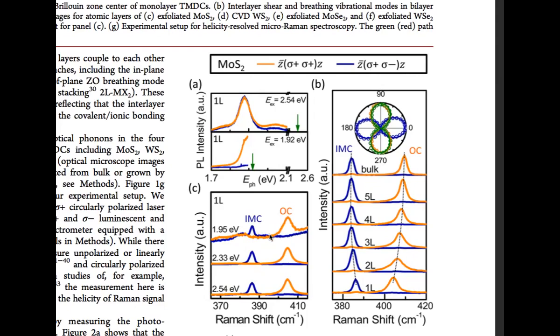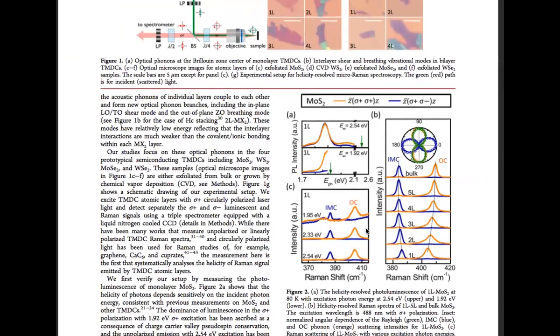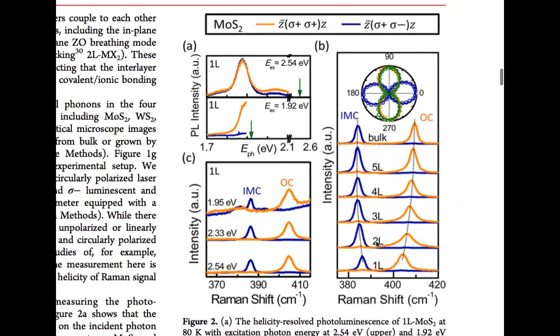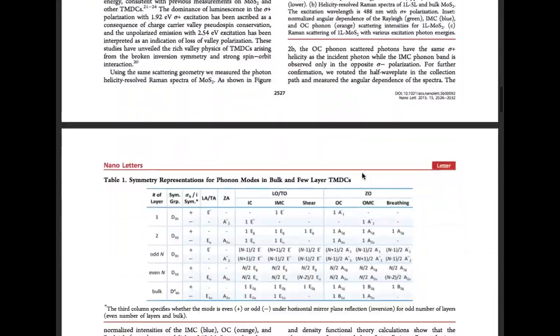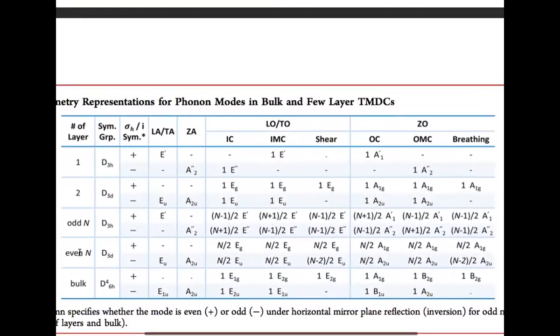They follow different helicity. And if you go to higher layer numbers, you have monolayer, bilayer, trilayer, all the way, and they also follow the same rules. You can derive this from the selection rule. This table shows that for odd and even layer numbers, they have different symmetry groups, and these are the representations.